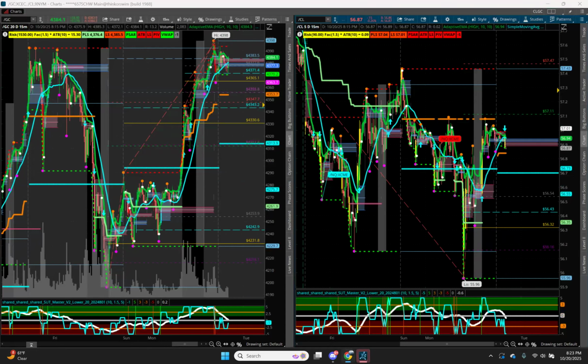And anyone who doesn't have that can load that, and that's literally all the indicators that I have. So that'll load up this, which is GC and CL, and that's the same indicators I use on the ES and NQ.